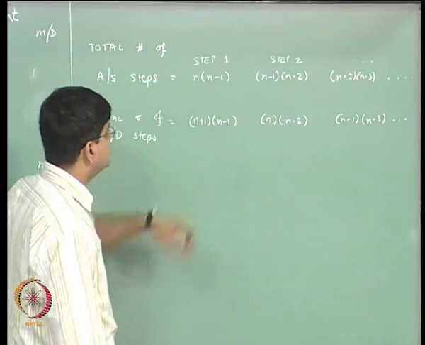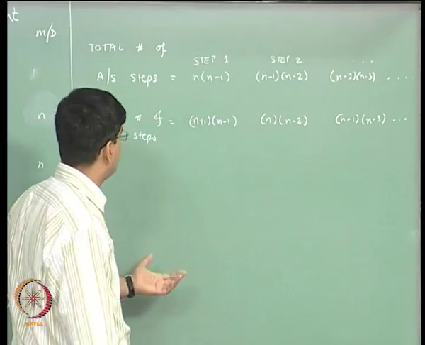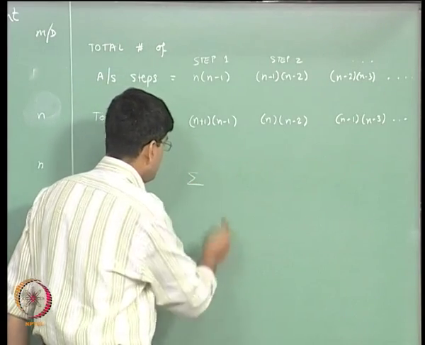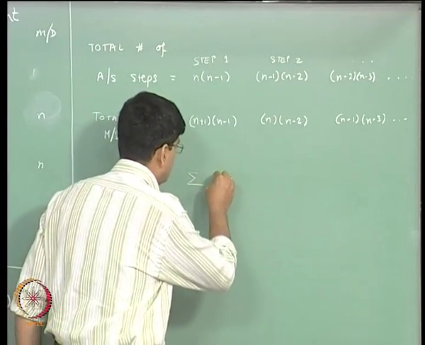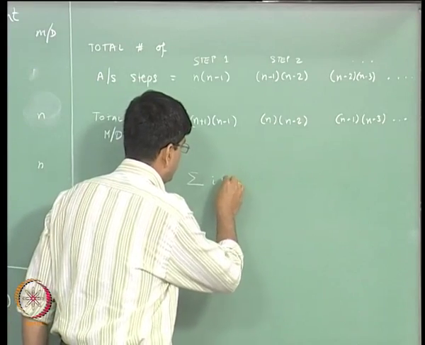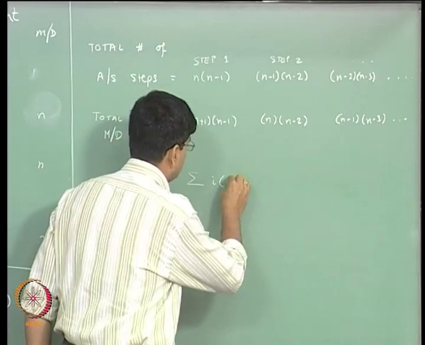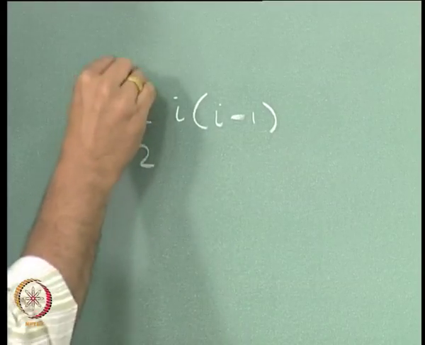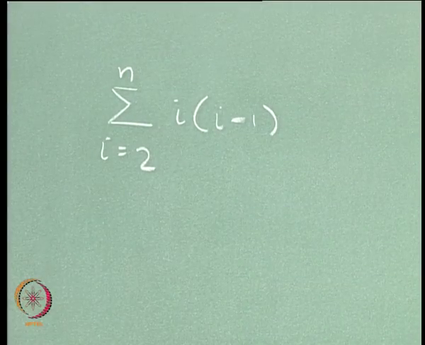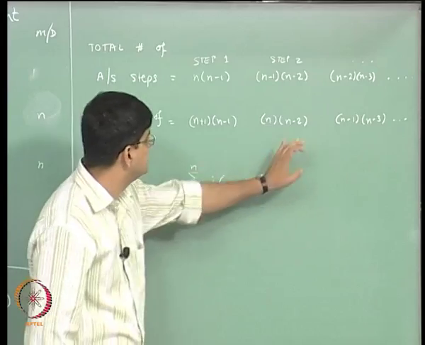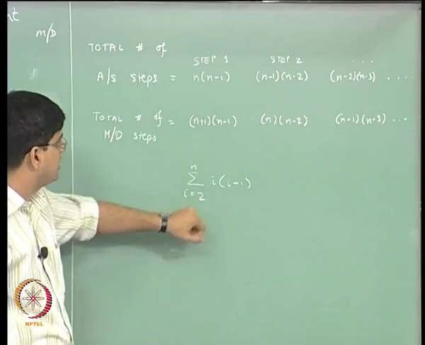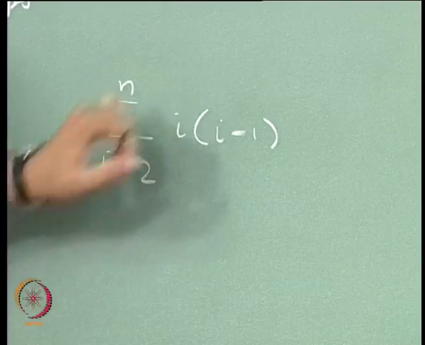So, in other words, the total number of addition subtraction steps are going to be summation of I multiplied by I minus 1, where I goes from 2 to n, okay, because the total number of steps are n minus 1, as a result this goes from 2 to n.